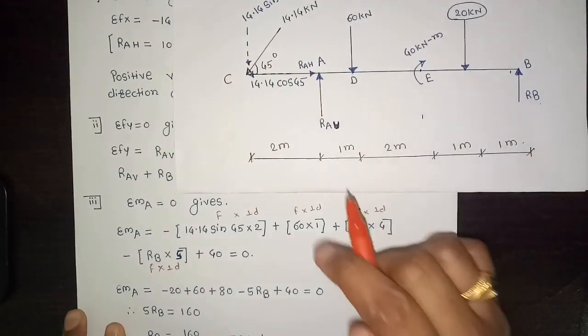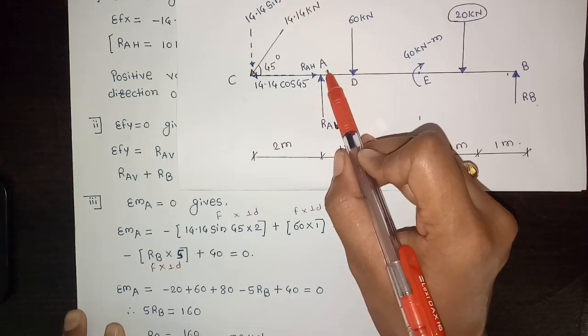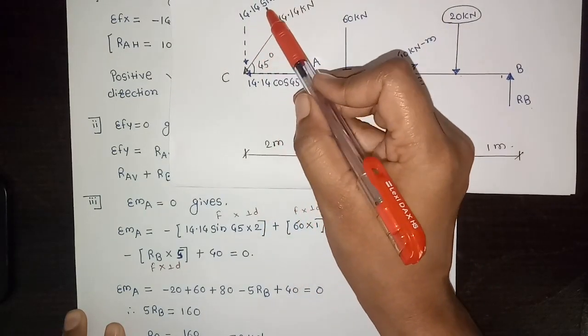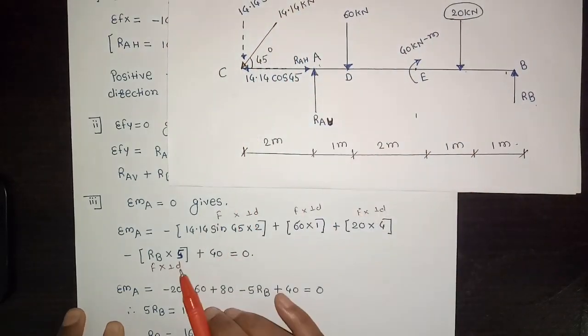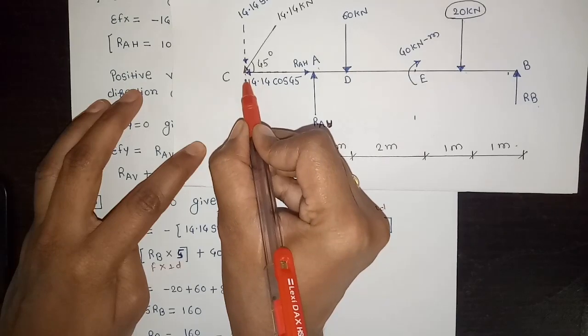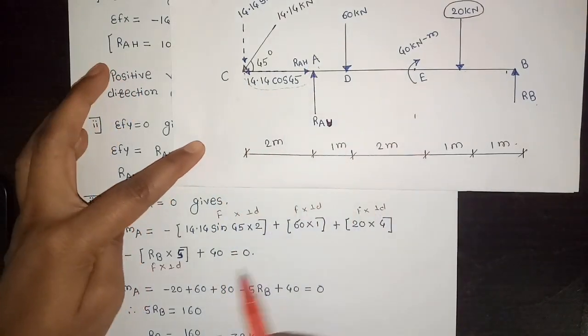See this diagram, summation moment at point A is equal to 0. So first force 14.14 sin 45, which is rotating anti-clockwise. See this direction, which is rotating anti-clockwise at point A.